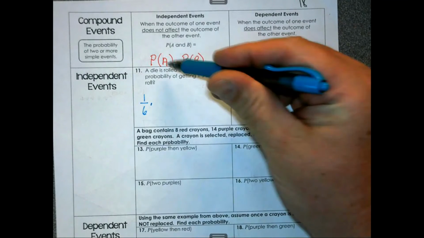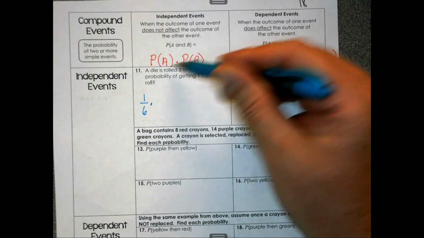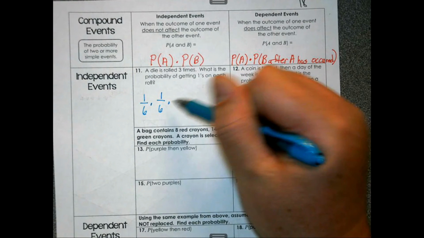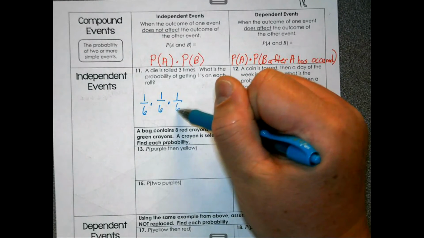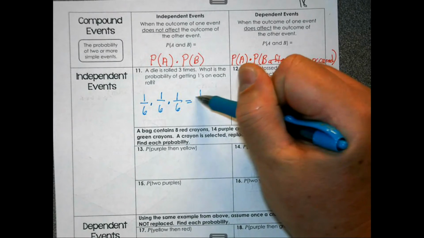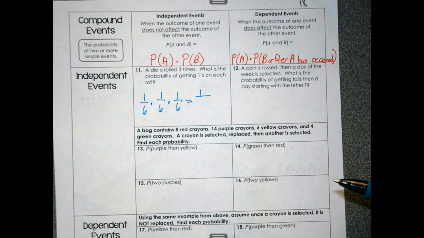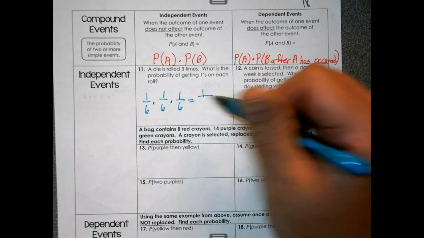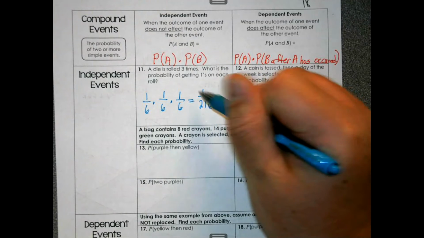My second, so I'm going to multiply my probabilities here. Second roll, 1 out of 6. Third roll, 1 out of 6. And if I had my handy dandy little red cheat chart, I would know that that's 6 cubed, which is 216.